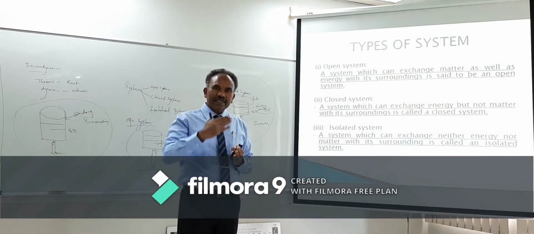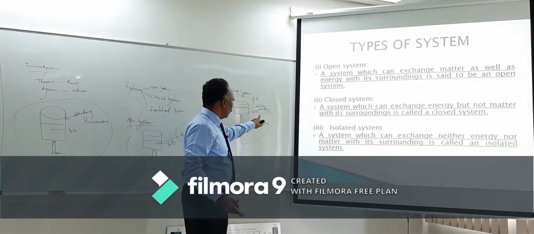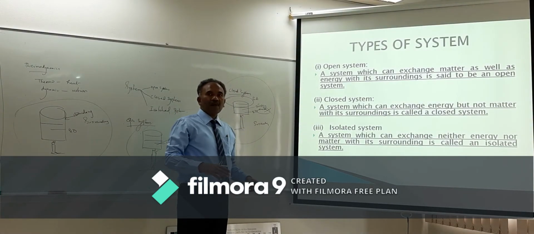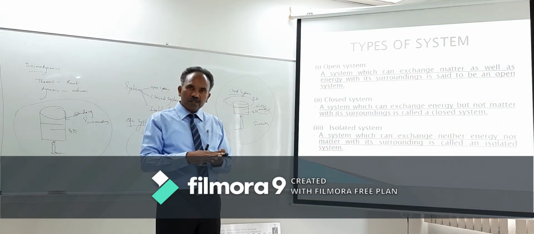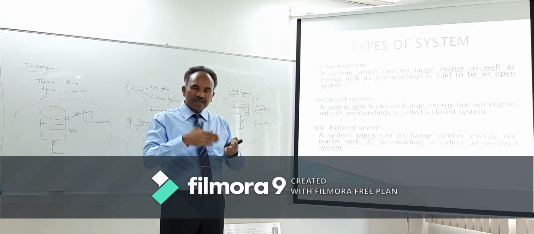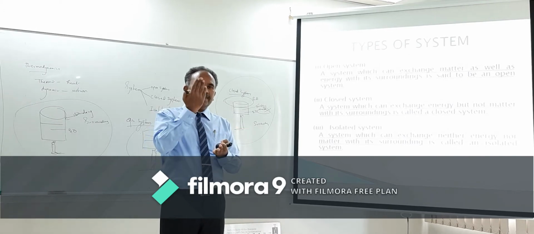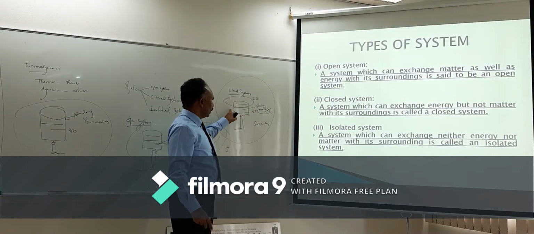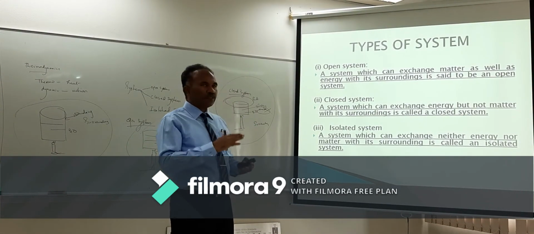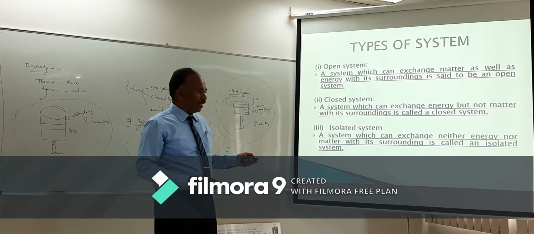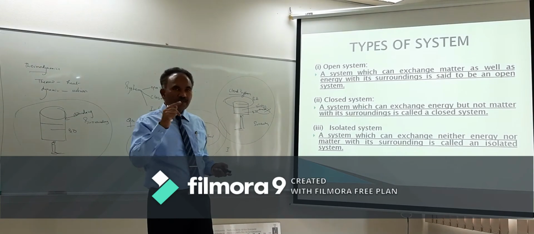Why? It exchanges its heat energy with its surrounding. However, it can't exchange its matter. Why? Since it is closed, when the water evaporates, it can't escape. That is the reason in a closed system, only energy can transfer with the surrounding, not matter.